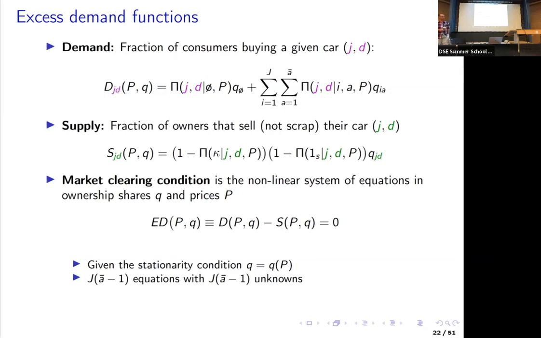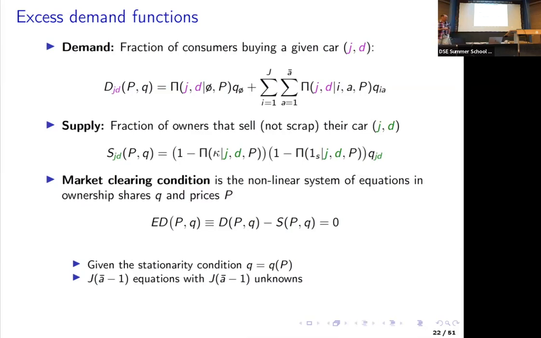Excess demand is obvious from this. We just put together all of these individual demands for different types of cars, and we end up with J times terminal H minus 1 equations. That's the number of products which are traded in the secondary market, for which we can write the supply and demand. And remember, that's the number of prices that we have. That's the number of elements in the price vector that we need to compute in order to clear the markets.